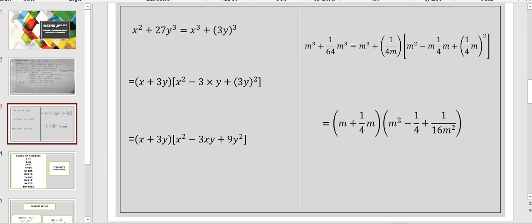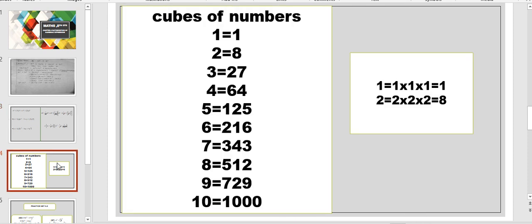To solve this type of example, you have to know the cubes of numbers. How will you remember these cubes? For example, here I have written 1 cube means 1 into 1 into 1 is equal to 1. For 2 cube, 2 into 2 into 2 is equal to 8.